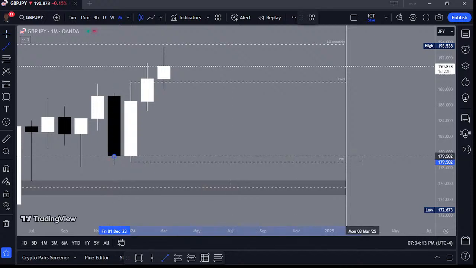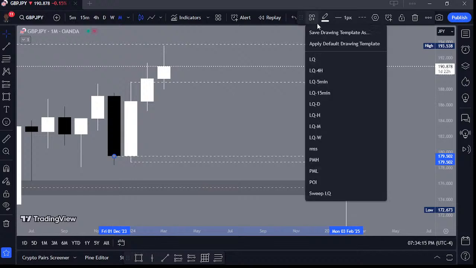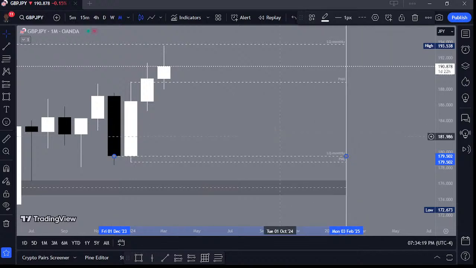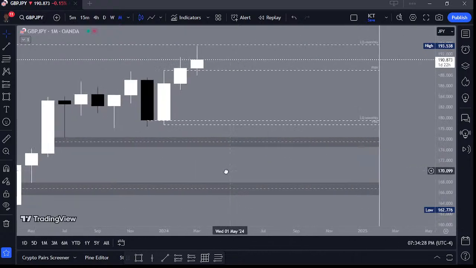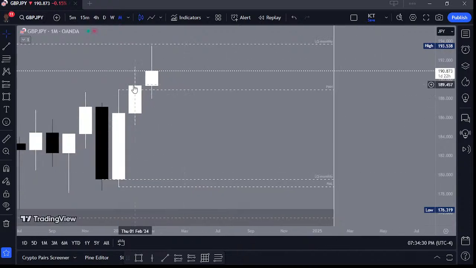I will mark them. Equal lows. So this is a monthly equal lows here as a liquidity point to which the price will retrace back, as per ICT's knowledge.